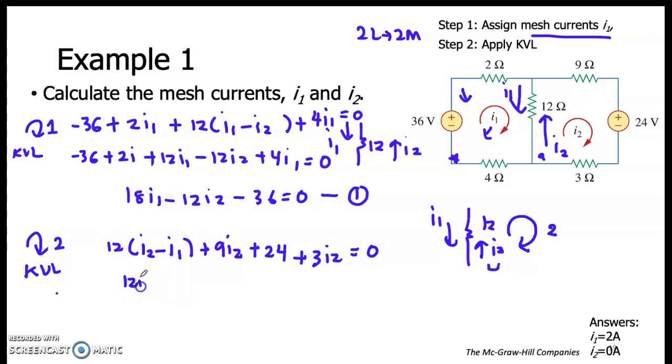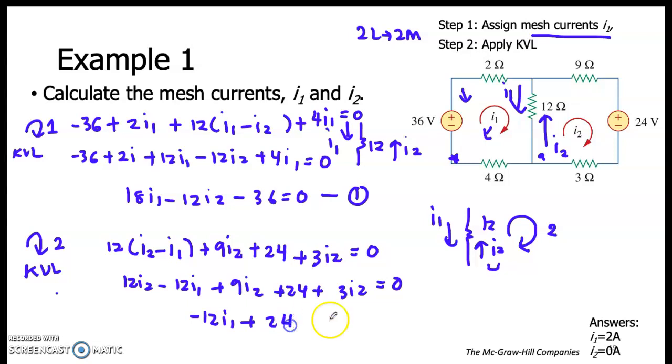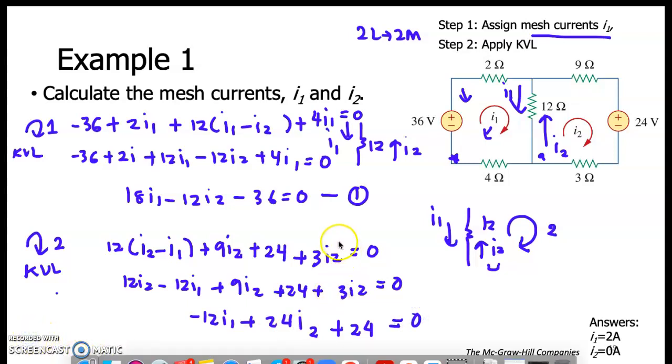If you simplify further, it becomes 12I2 minus 12I1 plus 9I2 plus 24 plus 3I2 equal to 0, and then you get minus 12I1 plus 24I2 plus 24 equal to 0. So this will be equation number 2.